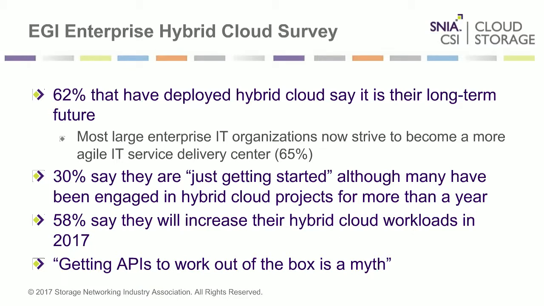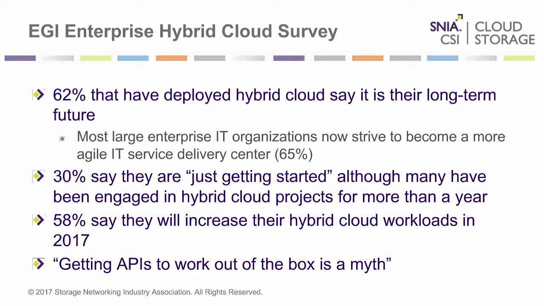They typically involve multiple people from different walks of the IT organization over months and sometimes years to put together. In spite of that, 58% say they will increase their hybrid cloud workloads in 2017. So even though these are complex and difficult, people are seeing value and are increasing their hybrid cloud workloads.